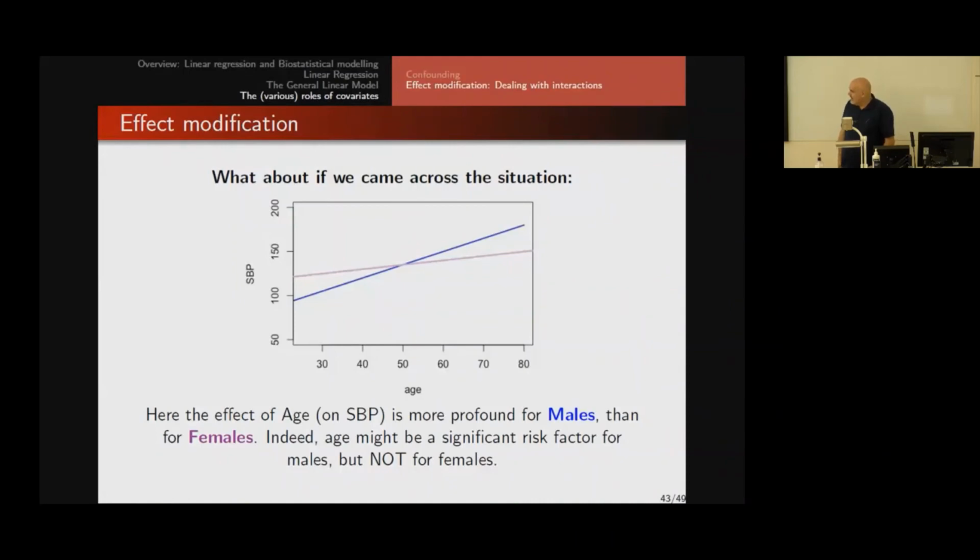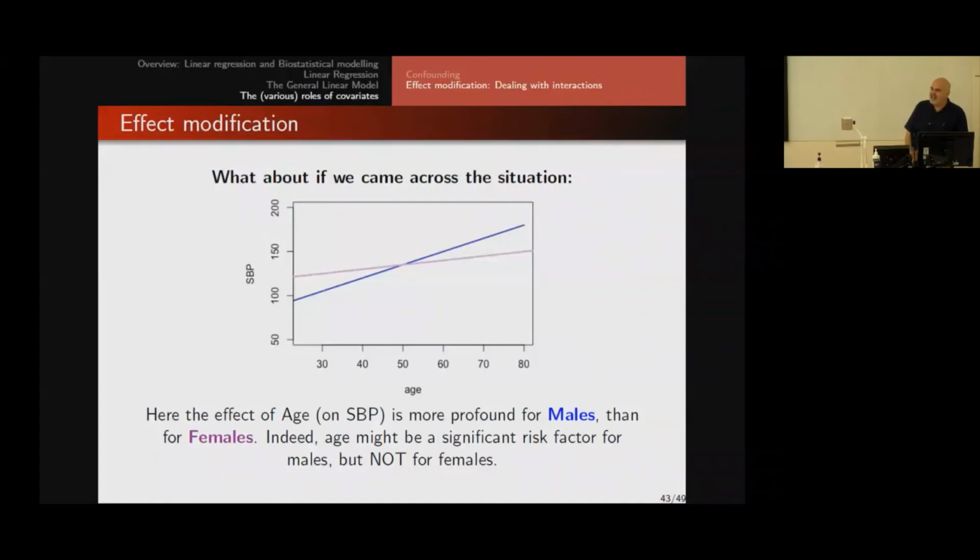Yes. We can see for a start that the effect of age on males is more profound. In other words, they go up more every year than females go up. However, they did start at a lower level. So what we would say there is that gender modifies the effect of age on systolic blood pressure.